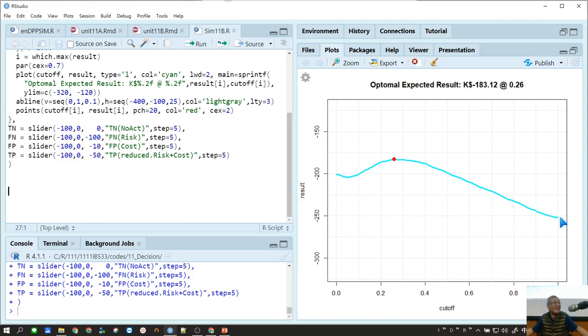Then it's not going to help you at all. The entire practice will not help you if you take no action at all. So if you set the threshold at this point, the expected payoff is about minus 250. Okay? So now, next question.